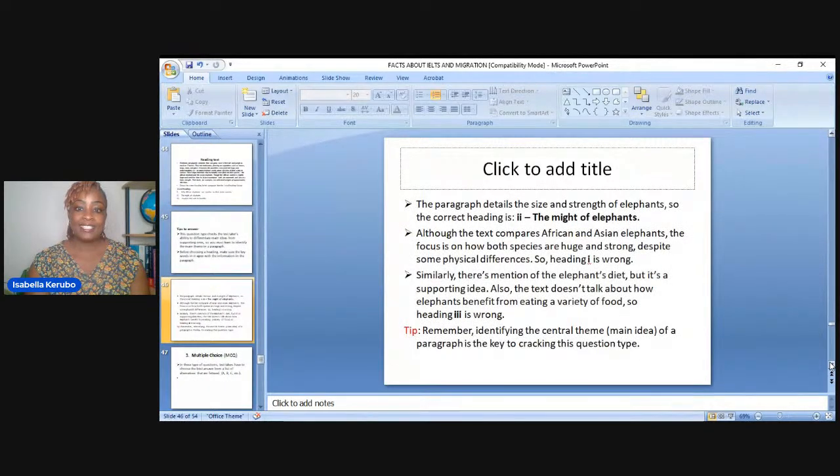So already we've gone through this. Option 2 is the answer, and options 1 and 3 are not the correct answers, because those are supporting points. They are not the main points.